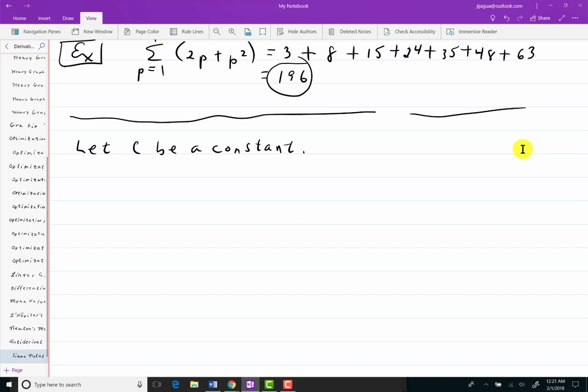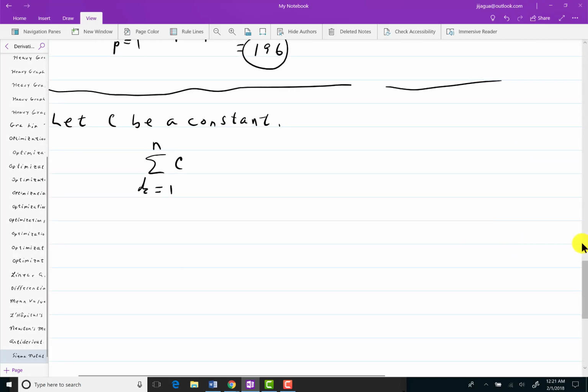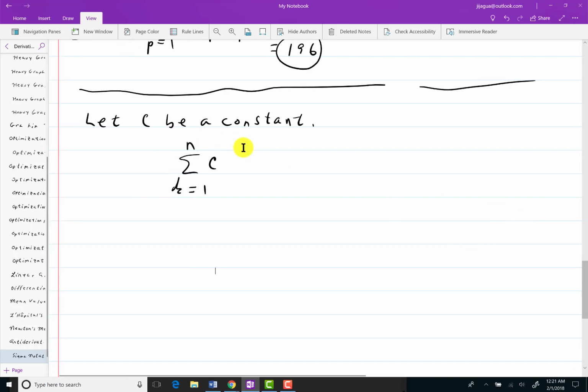Then what does this mean? If I have k equals 1 to n, but I just have the letter C, what that means is I can't plug my k into anything, but I will at least count out n of these C's. So for k equals 1, I'll have C. For k equals 2, I'll have C. For k equals 3, I'll have C. You get the idea.